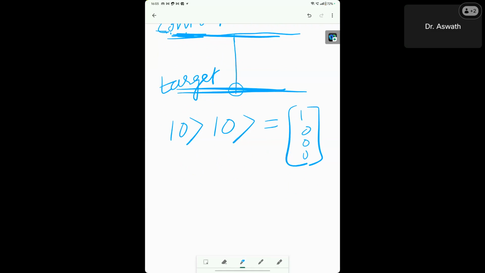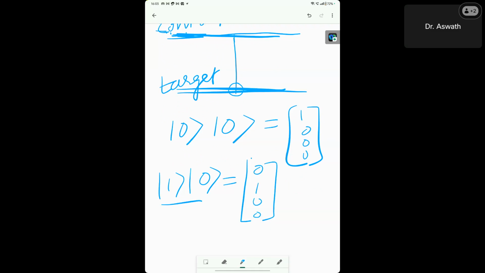So what is the difference I'll get? Let's say when I have control as 1, target as 0, 1 0. If you just take the tensor product, you can find out, right? Roughly, if I am correct, this is how it looks. Okay, right?